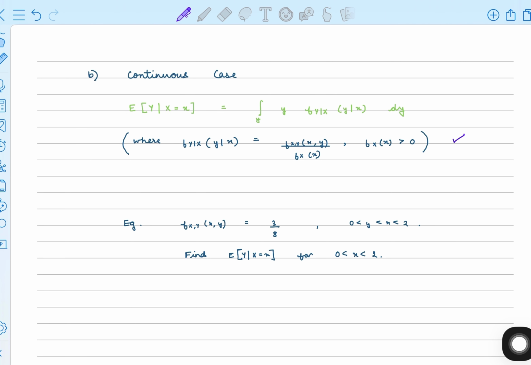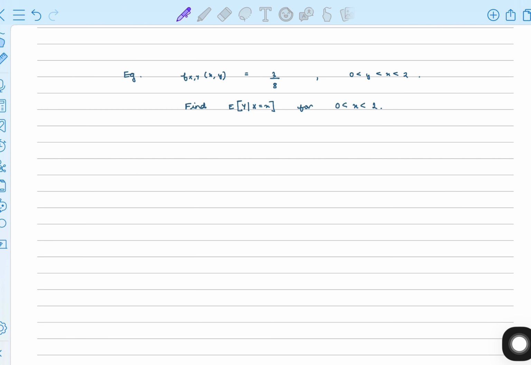Again, to understand its application, we consider solving an example. In this example, we are given the joint probability function of x and y, which is 3/8, and we are required to find the expectation of the random variable y given that the random variable x is equal to small x. So we start by writing our formula. Here we have the joint PDF of x, y. However, we don't have the value of the marginal PDF of x.